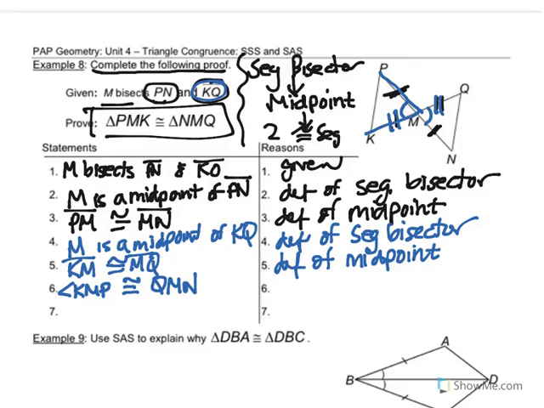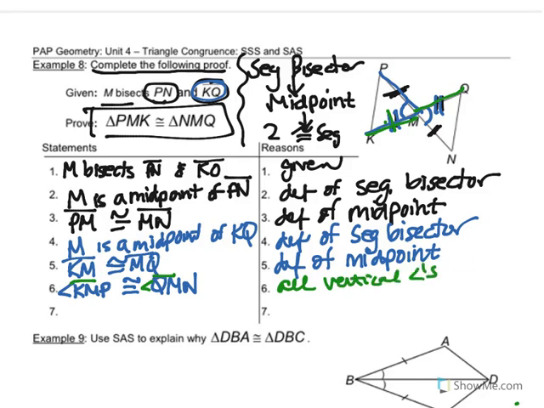Remember, always do them the same way. This is the side that has the two tick marks, KM, and it started out here. So we want to start with QM on this one, QMN. And how do we know that? All vertical angles are congruent.